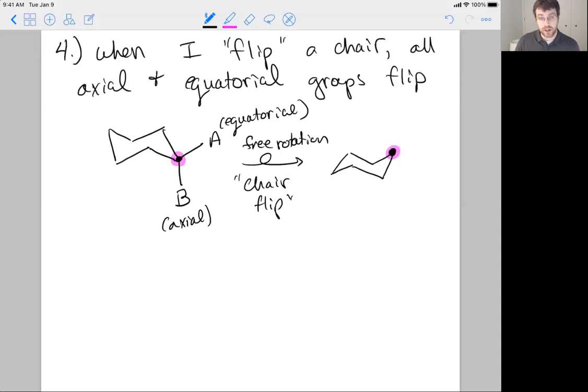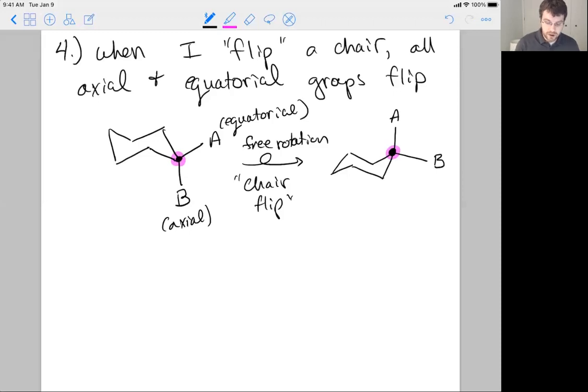What I do want you to follow is just observe that at this position, now the equatorial and the axial groups are aligned in this way, as I've drawn, where the axial position is pointing straight up and the equatorial position is pointing straight down. Now, A was a little bit higher than B in the original structure, and it's going to stay that way.